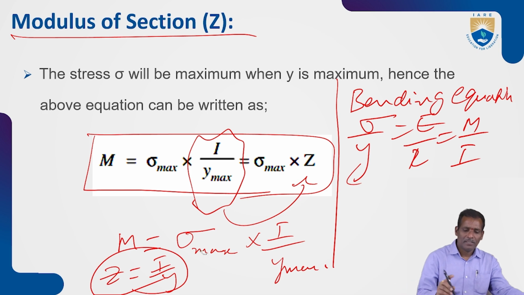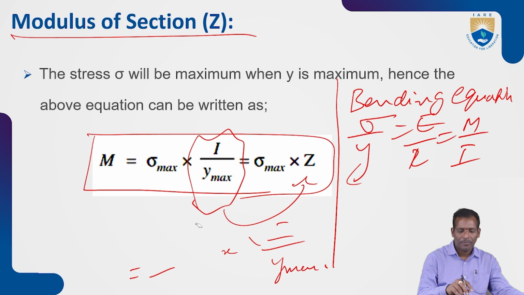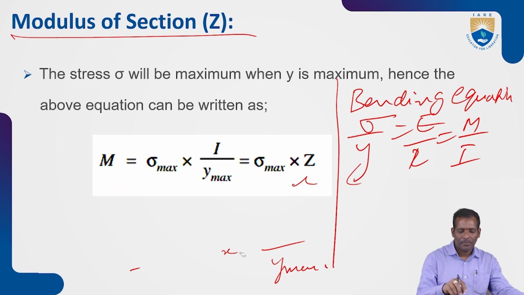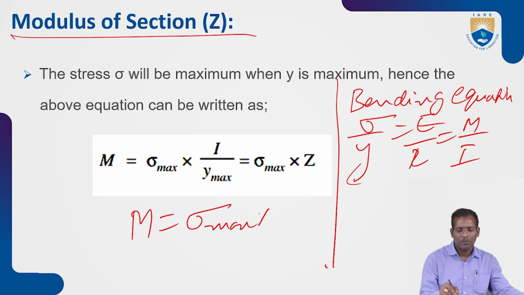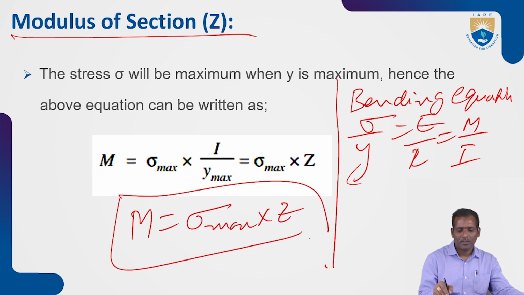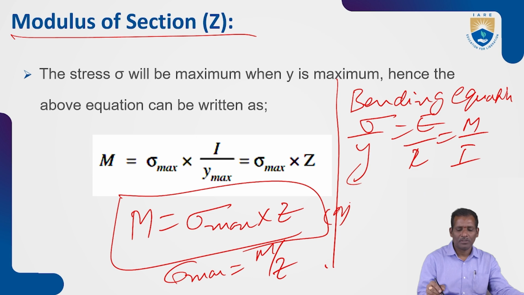So you can write the final equation: M is equal to sigma max into Z, or sigma max is M by Z, or Z, the modulus of section, is equal to M by sigma.